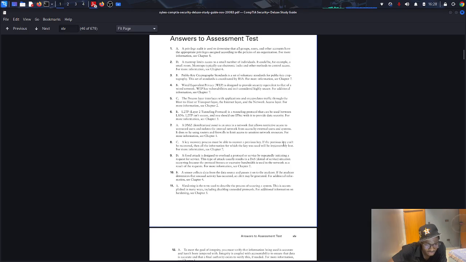If the previous key can't be recovered, then all the information for which the key was used will be irrecoverable, lost. For more information, see chapter 7. Omo, wow.